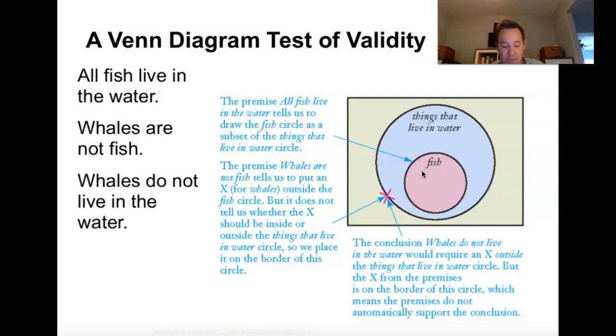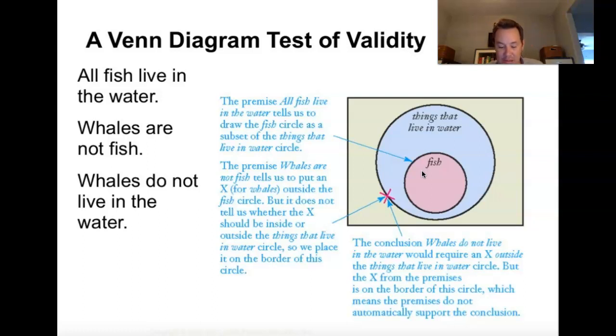And so the way we would do this is we are going to use the first premise to make our Venn diagram. The second premise we're going to use to place an X on our Venn diagram. And then we're going to see if where we place that X supports the conclusion. If it does, the argument is valid.